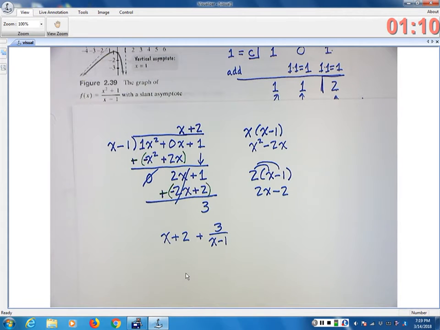I don't know what I did. I made a mistake somewhere. The remainder was supposed to be 2, but I have it worked out somewhere, but I don't know if I brought it with me. No, didn't bring it with me.